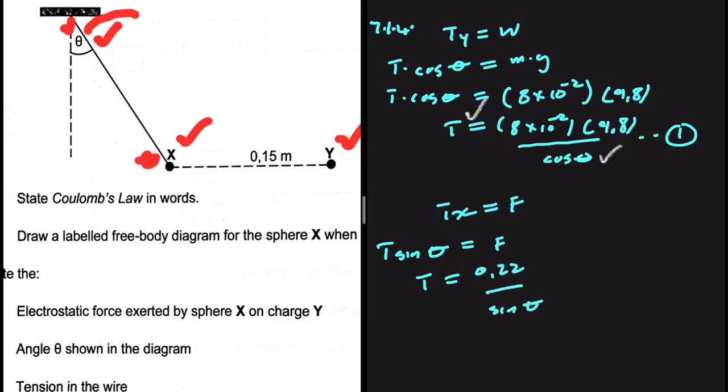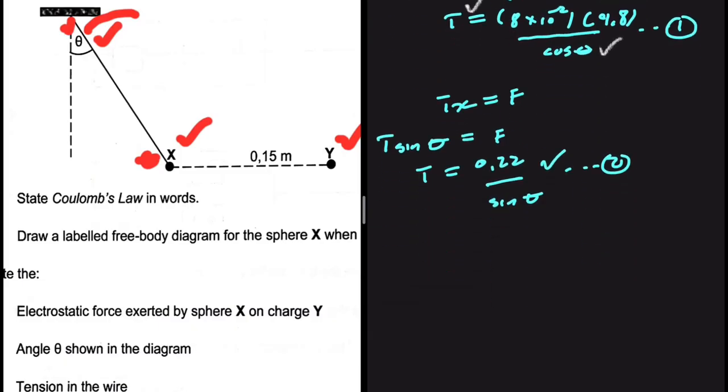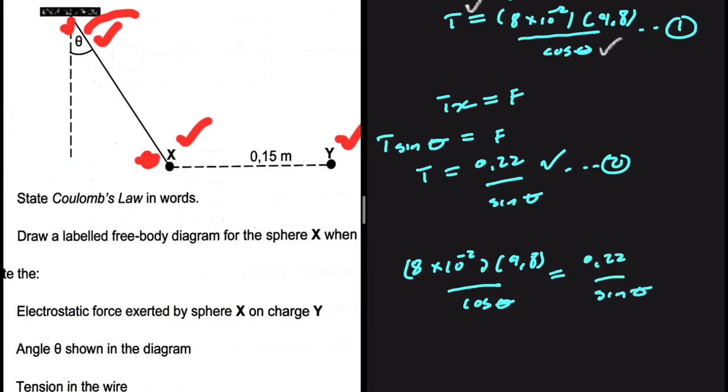This is equation 2. If these two things are both equal to the tension, then they are equal to each other. So 8 multiplied by 10 to the minus 2 multiplied by 9.8 divided by cos of theta is equal to 0.22 divided by sine of theta.